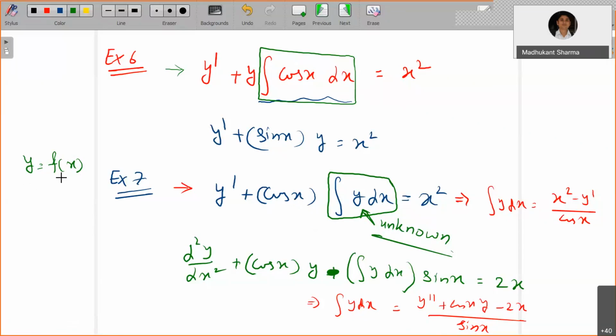Or suppose you know that y is only a function of x, and you are integrating with respect to t. Then it is certainly t times y. There's no question about it. If you are sure that y is a function of x. But if it is given that y is a function of x as well as t, and it is unknown, you can't do that. Since it is unknown here, you have to be careful.